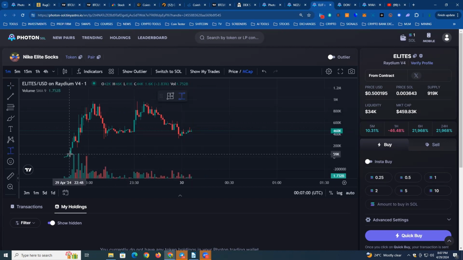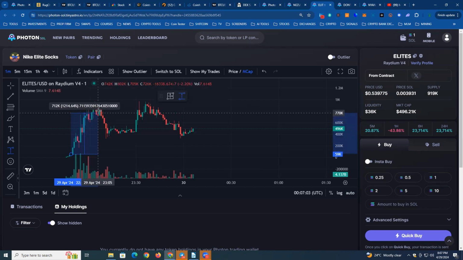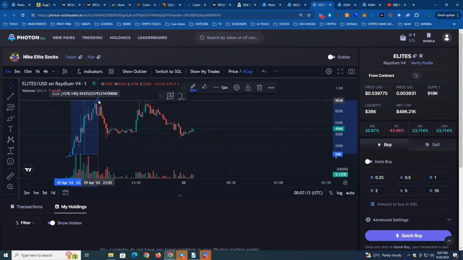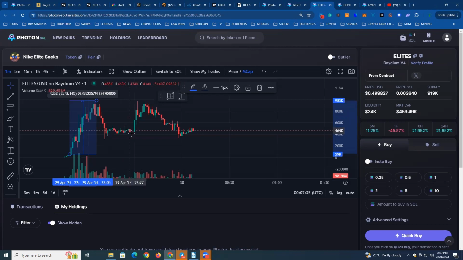For instance, if you had gotten into this from the initial spike on creation, this first run up to 924,000, you would have made a 1,578% return. But keep in mind, ladies and gentlemen, there's only $36,000 in liquidity. But the overall market cap of this coin at present is basically $500,000. So you would have been able to get out of your position here.